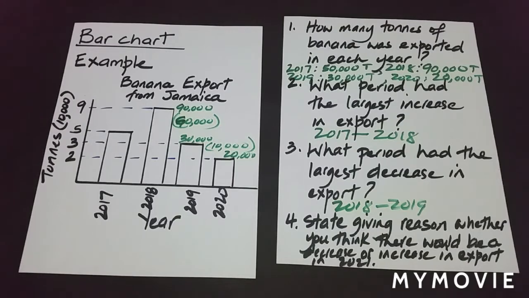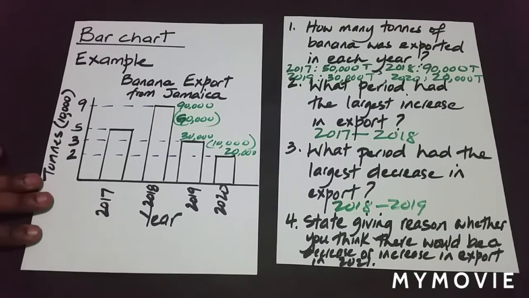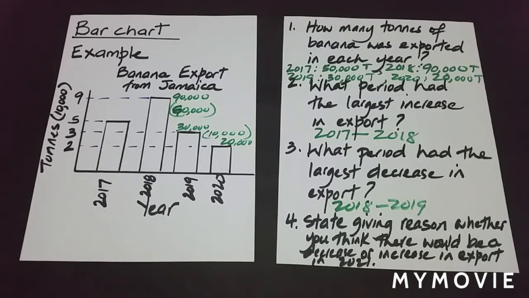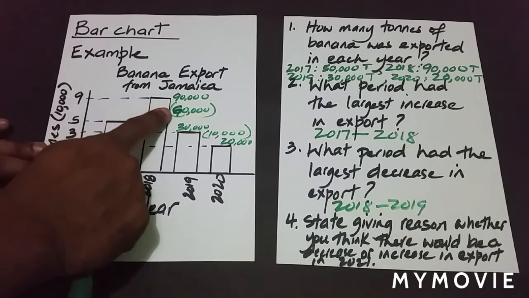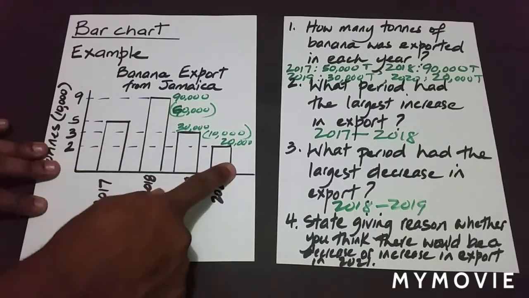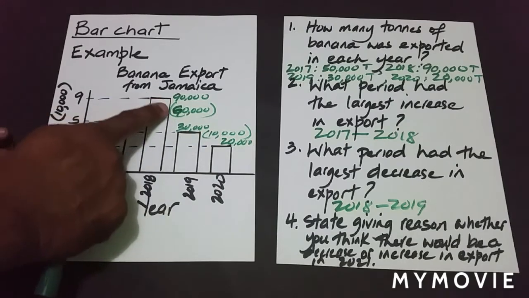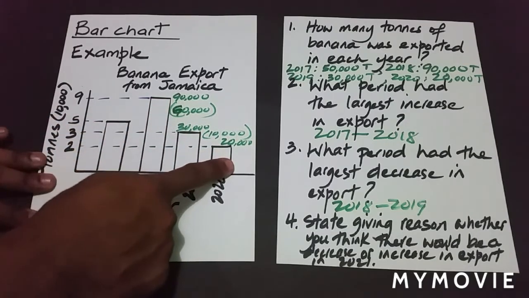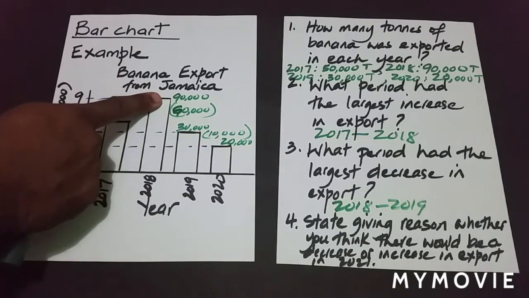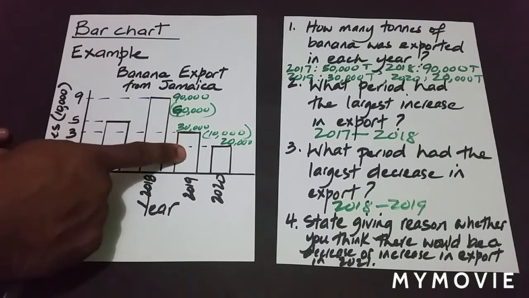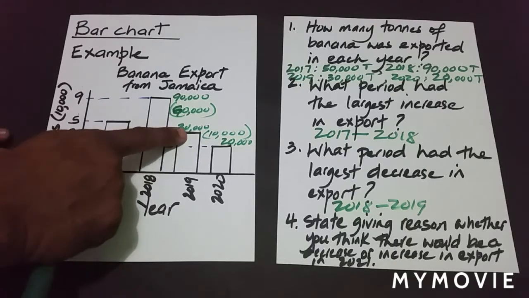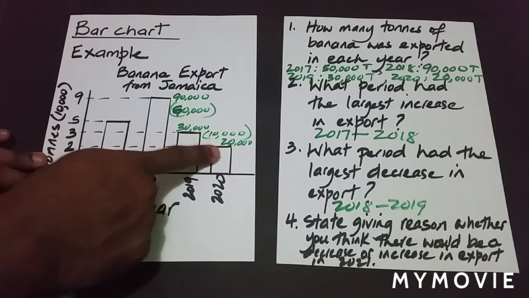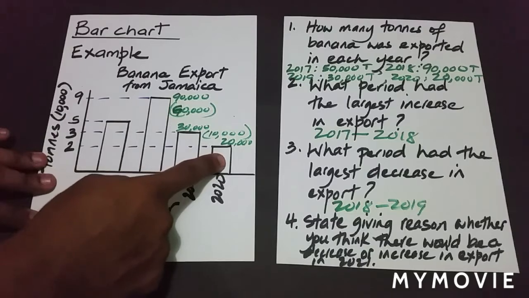Now, if I was somebody who was considering getting into the banana export business, to be honest with you, I wouldn't be too thrilled, because for the last 3 years there's been a decrease in banana export, which means less production, less earnings, less profit, etc. And the decrease is rather drastic between 2018 and 2019, and then it continued decreasing from 2019 to 2020.